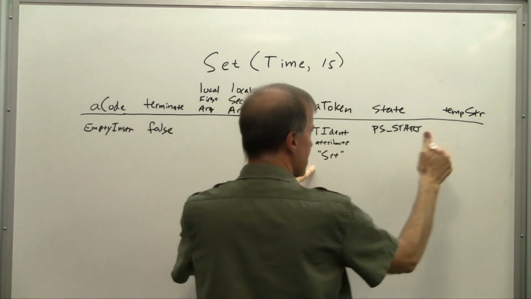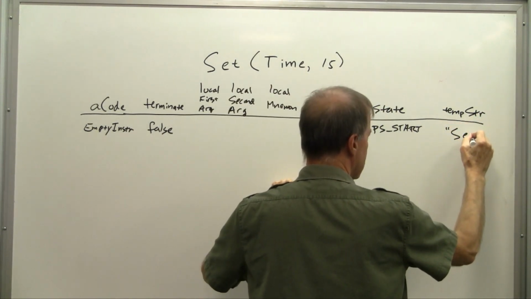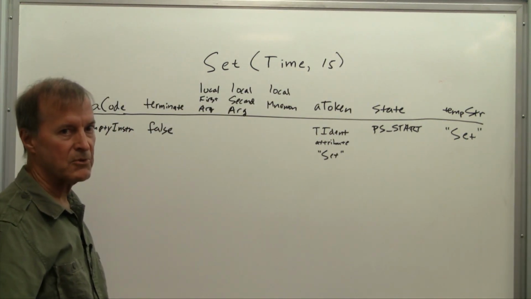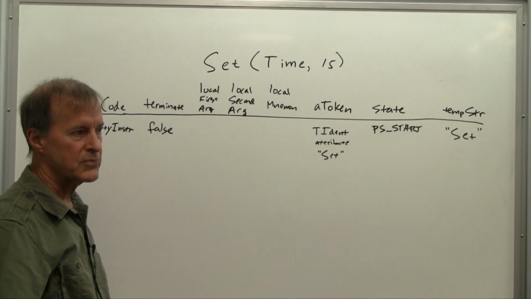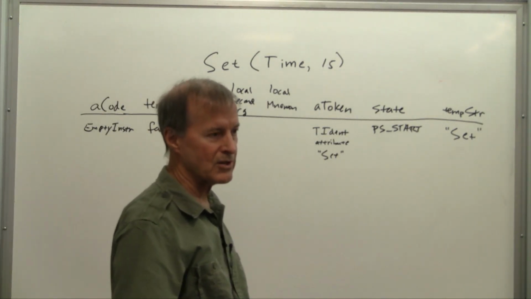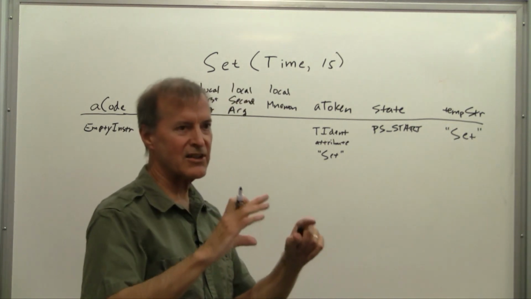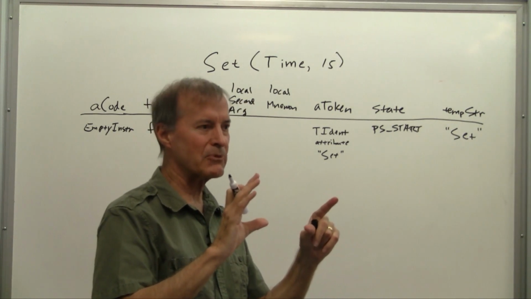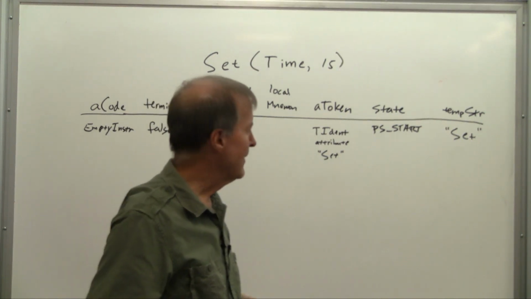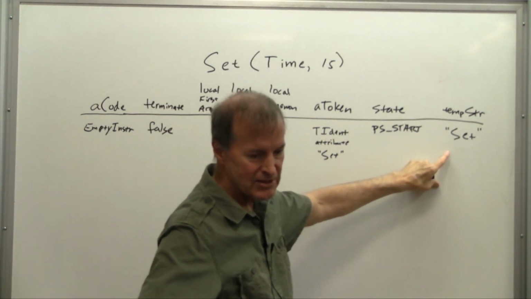It extracts this from here. Does everybody see how that works? That's a getter from the tokenizer. Remember we said they're like packages. The attributes are wrapped up in a package, and you get them with the getters. So temp string has that.